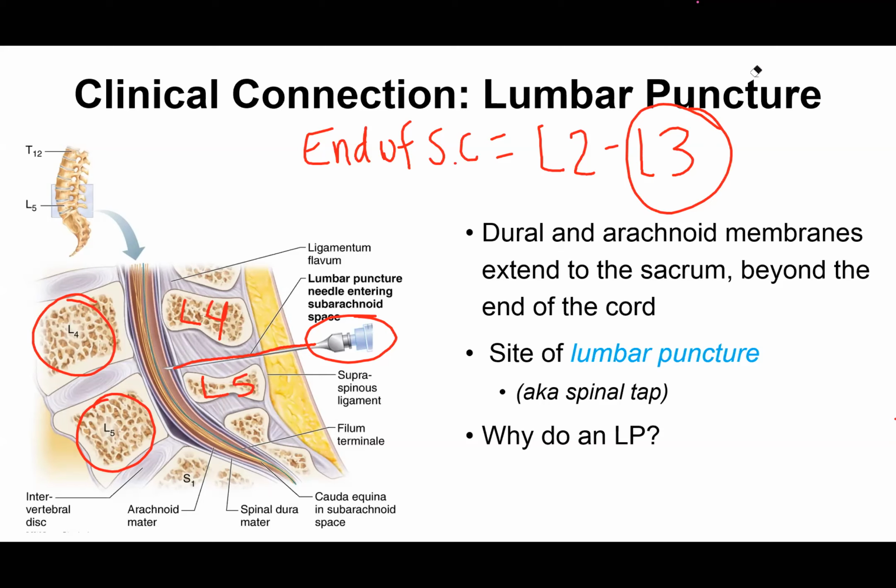So the location where it's quote unquote safe to do this lumbar puncture is somewhere below where the end of the spinal cord has terminated, and in a space that is a pretty open space for getting the cerebrospinal fluid.